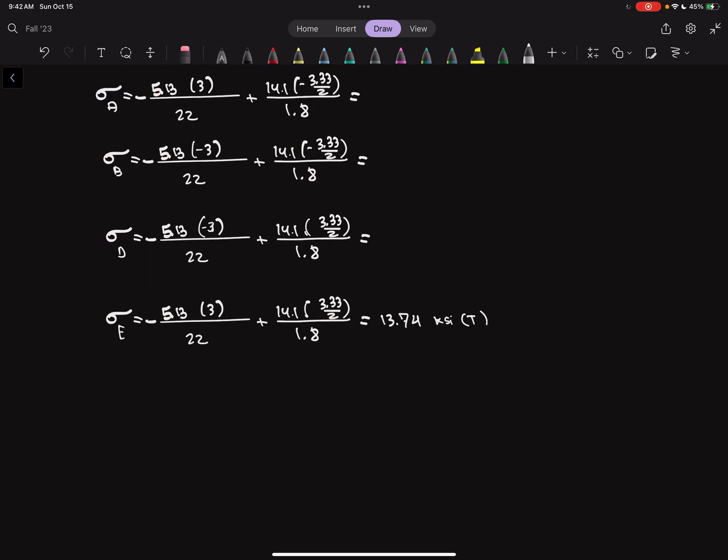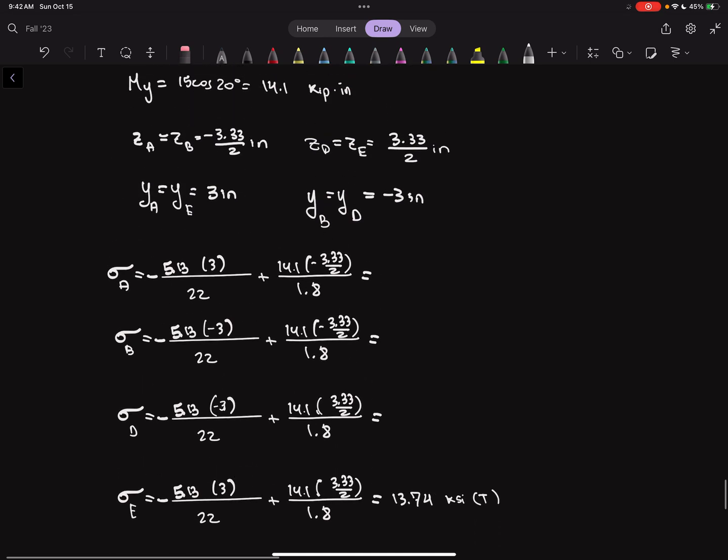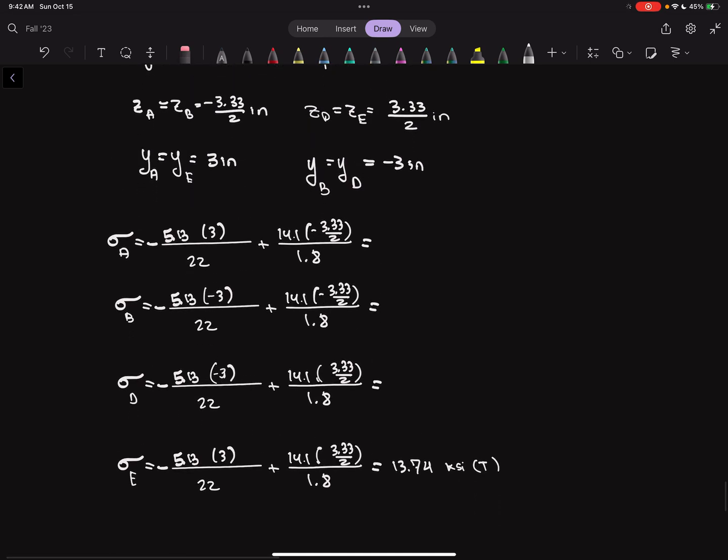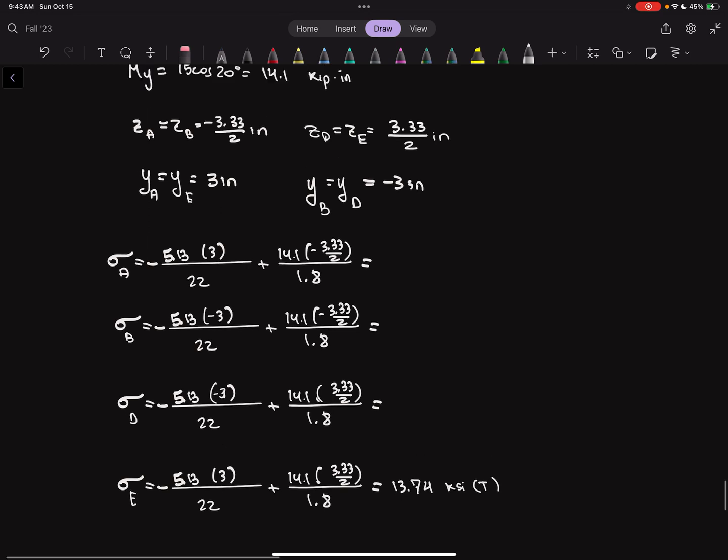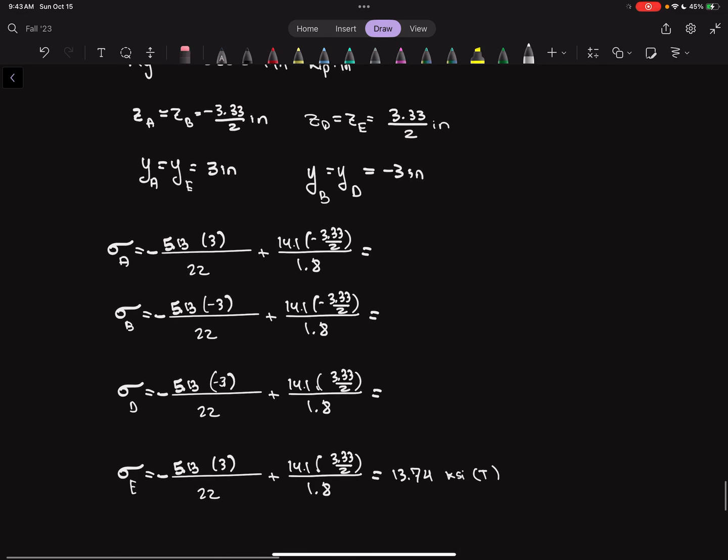Here, it looks like, let me see. I wonder if I made a mistake by doing it super fast. With the Y's, I inputted something incorrectly in my calculator here, because my YE is positive 3.